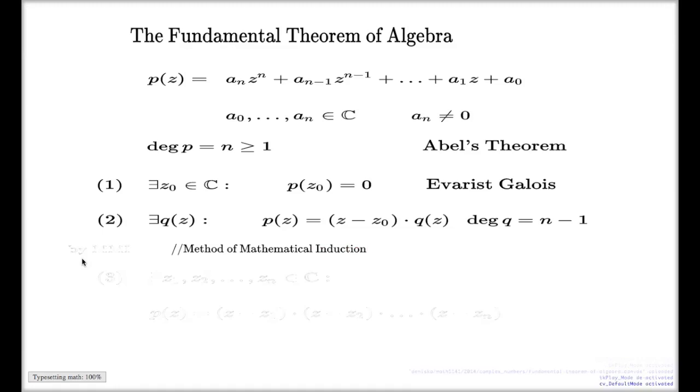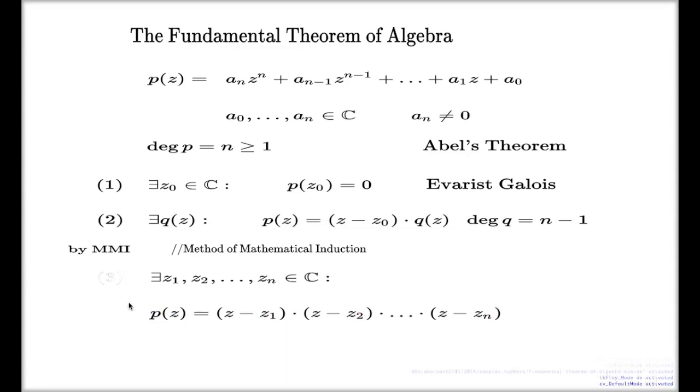If you repeat these steps n times, you will conclude that you have the whole n roots, not necessarily different, some of them may repeat, and your polynomial will factor into the product of linear brackets like this. This is the second conclusion we can draw from the fundamental theorem of algebra. There are a few questions in the yellow book where you need to factor the polynomial into a product of linear factors.